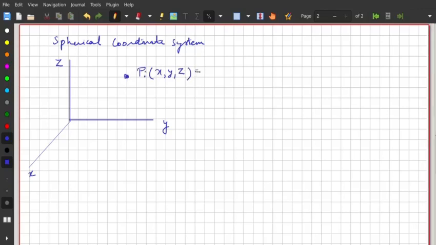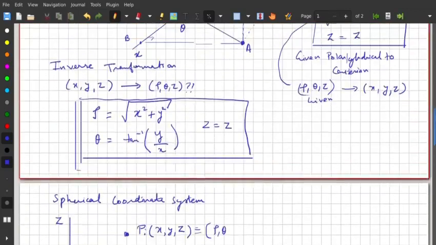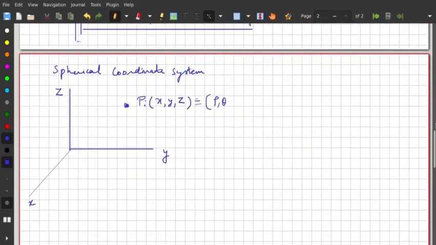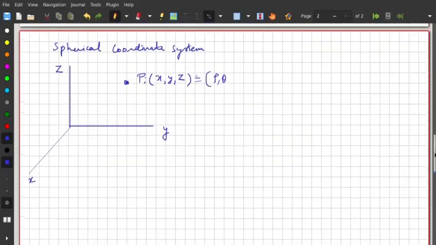That point was given by rho, theta, z in cylindrical.